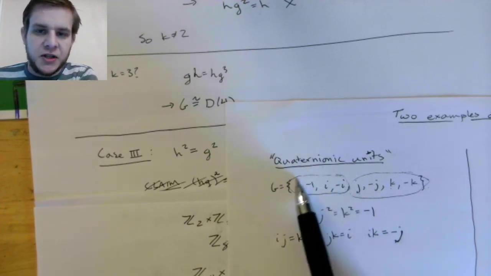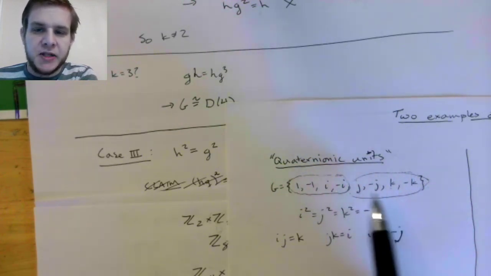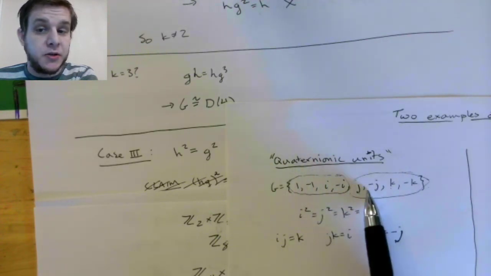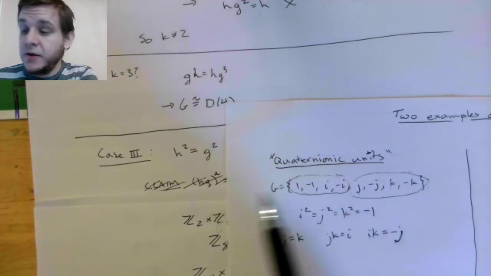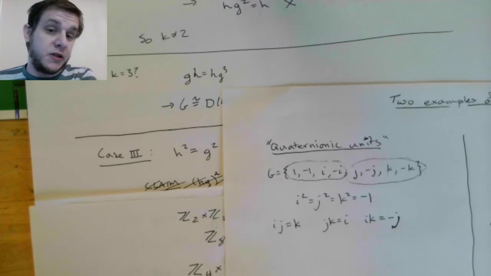Because that's going to generate this cyclic group of order 4. And then all these elements have order 4 as well. And when I square any of these elements, I get -1. So the square of i is -1, and the square of any of these two elements is -1. So in case 3, we actually want to prove that we're just equal to the quaternions here.